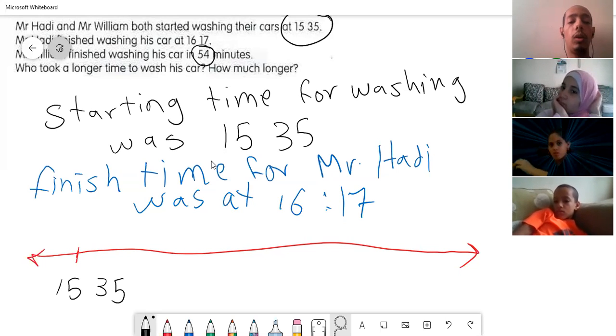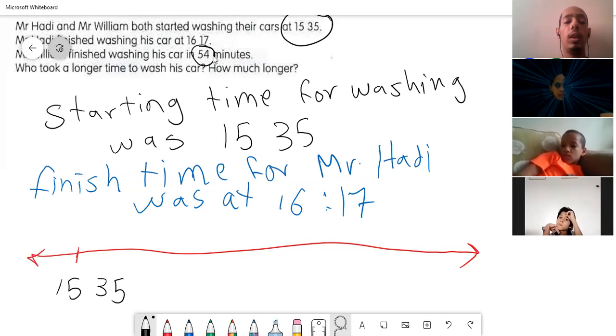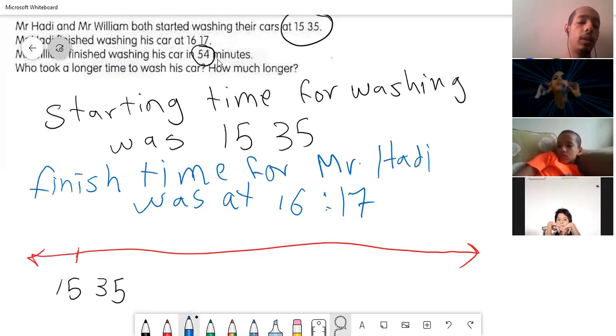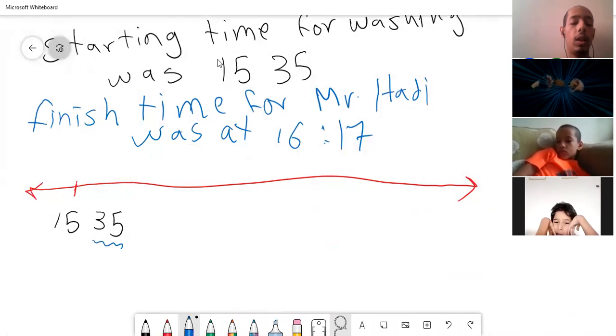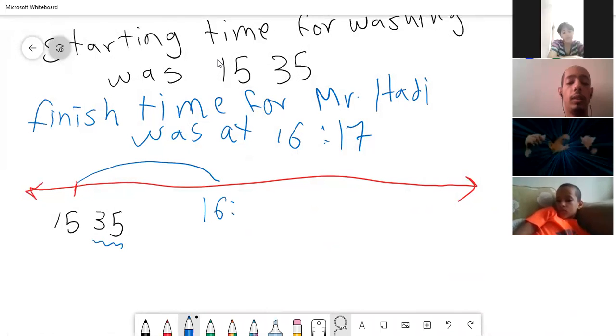So we are going to count in steps of minutes, because he only took 54 minutes. So we're going to say this is 15:35. I need to reach the time 16.